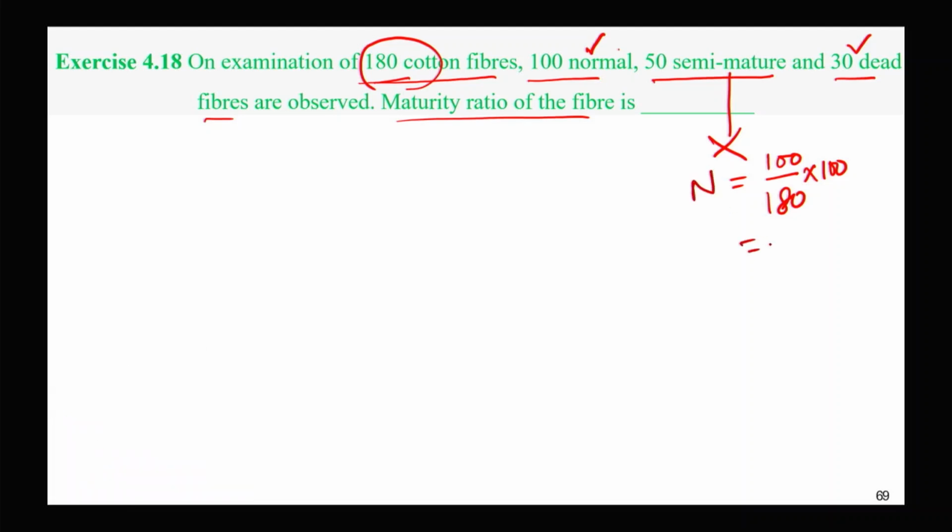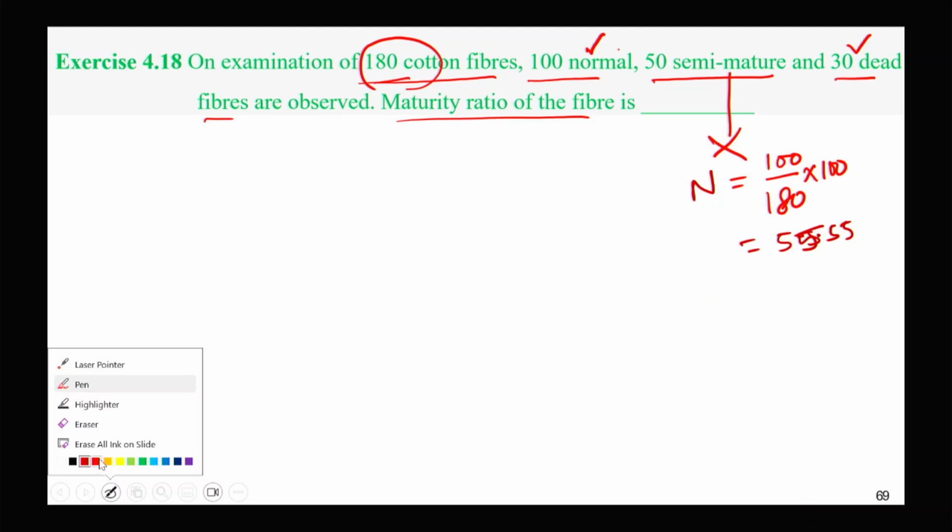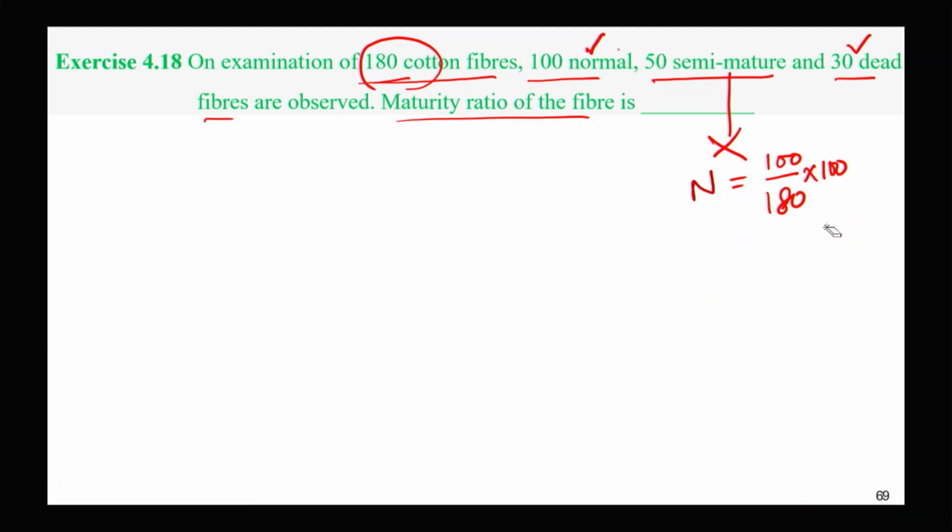Normal fiber will be 55.55%. And percent dead fiber will be 30 divided by 180 multiplied by 100, which will be 16.66.